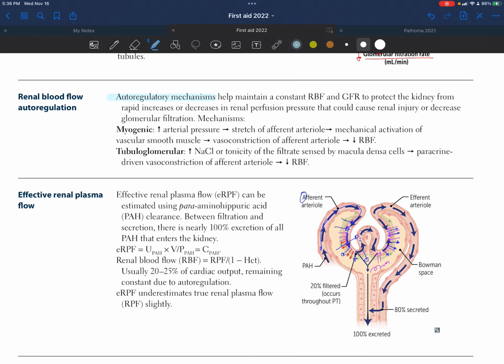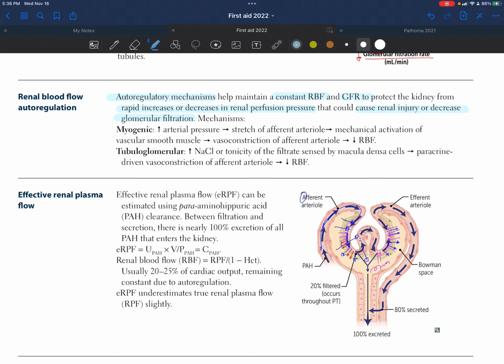They help maintain a constant renal blood flow and GFR to protect the kidneys from rapid increases or decreases in renal perfusion pressure that could cause renal injury or decrease the glomerular filtration rate. Of course, if the kidneys get only a small volume of blood, not the amount they need, they will suffer and die.